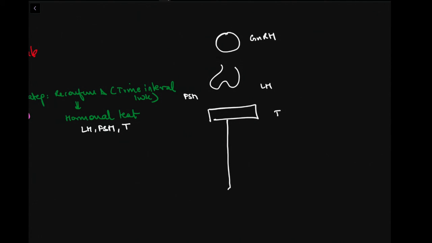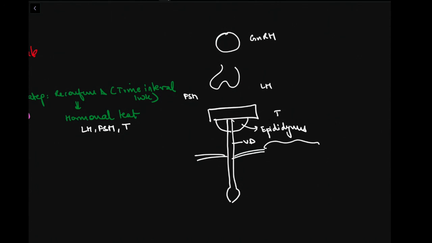Then the outflow tract for semen. In the testes, sperms are produced, which travel via the epididymis to the vas deferens. Then the ejaculatory duct is present, which brings the secretion of the seminal vesicle.